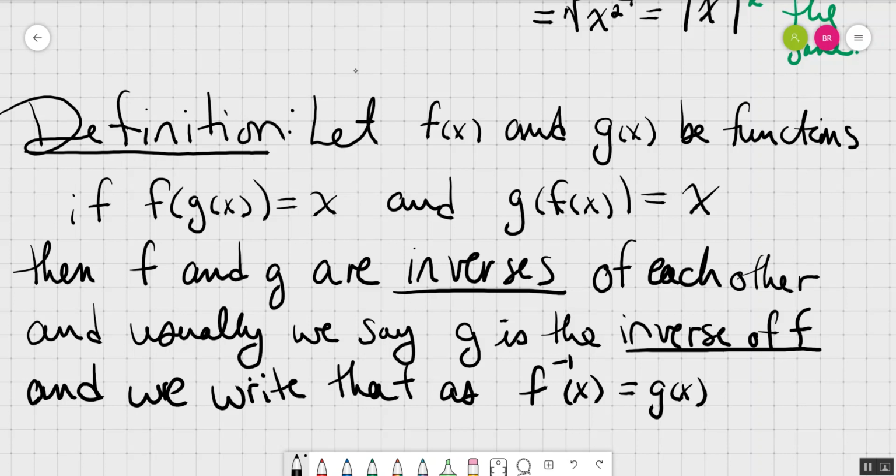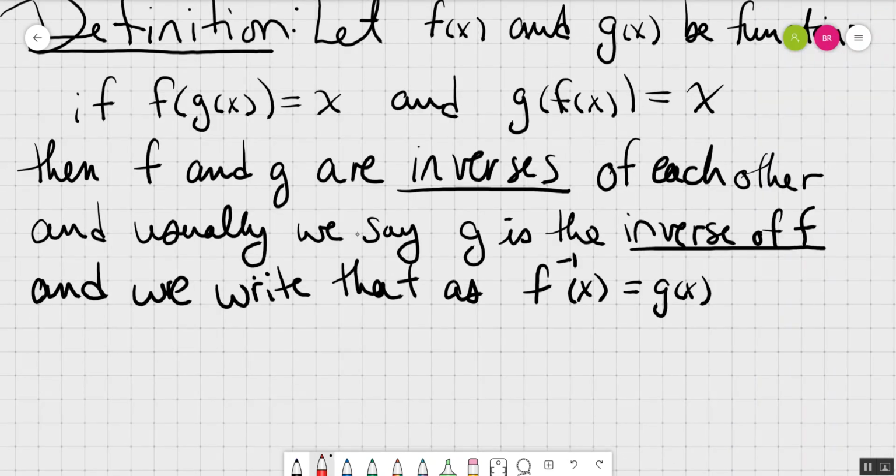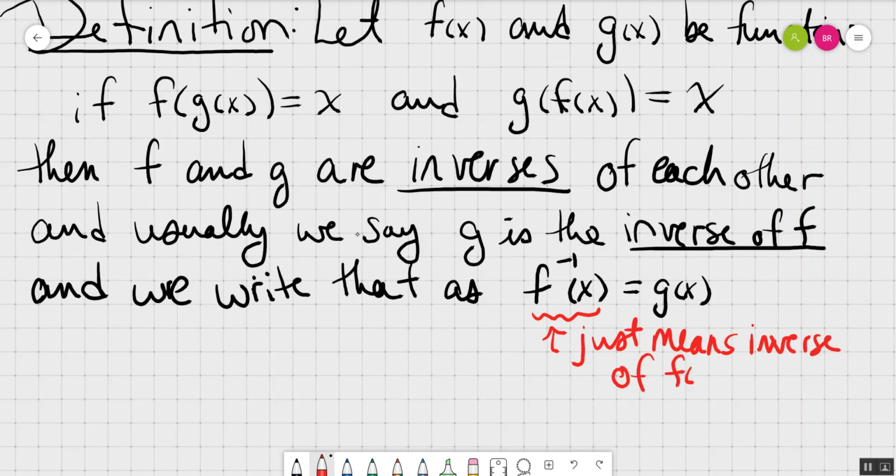So we just use the little -1 to mean inverse. So notice where it's at. It's in kind of a weird spot. Like this little -1 just means inverse of f of x. So notice the -1 is between the f and the x and not over here like it was an exponent.